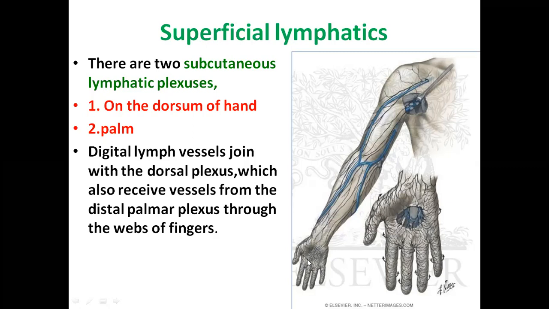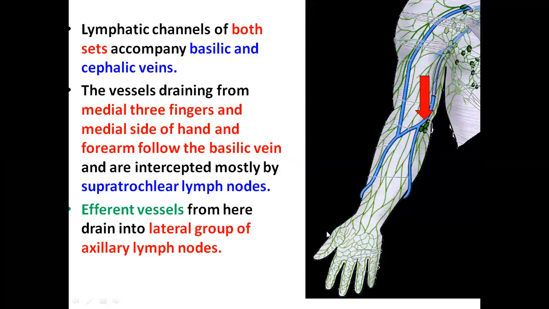Then the lymphatic channels of both the sets, these green lines that have been shown, are all lymphatic vessels. On the lateral side and medial side, they accompany the cephalic vein on the lateral side and the basilic vein on the medial side.